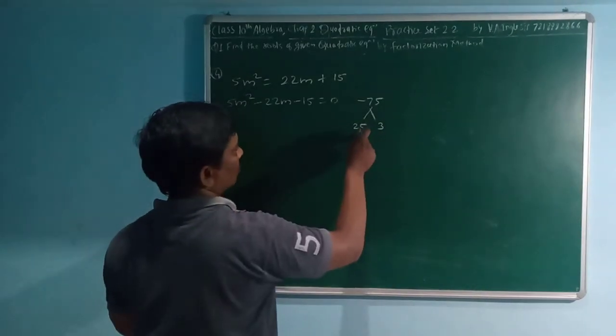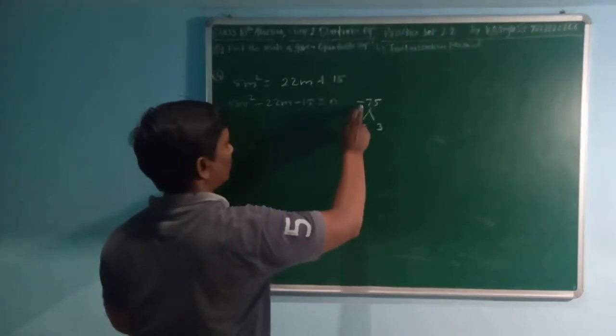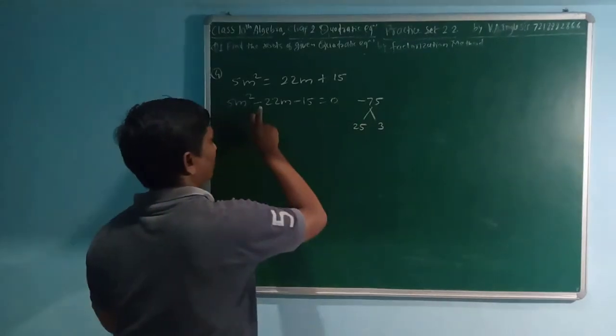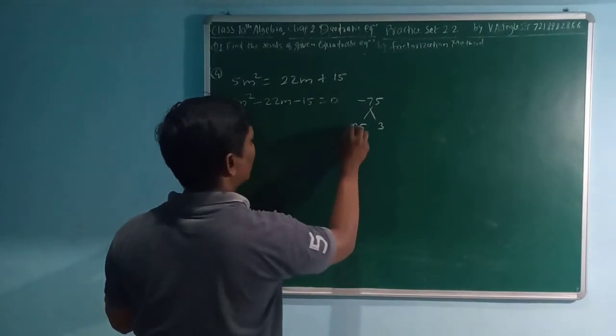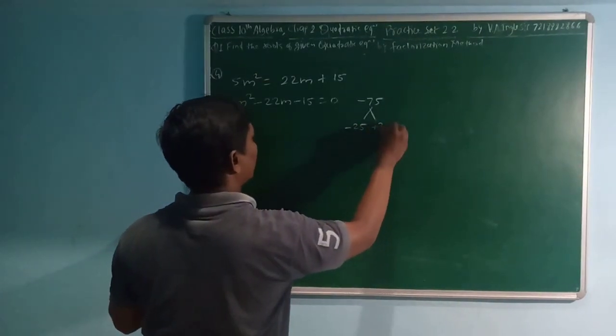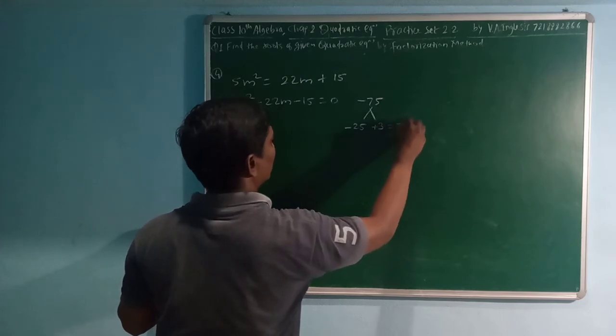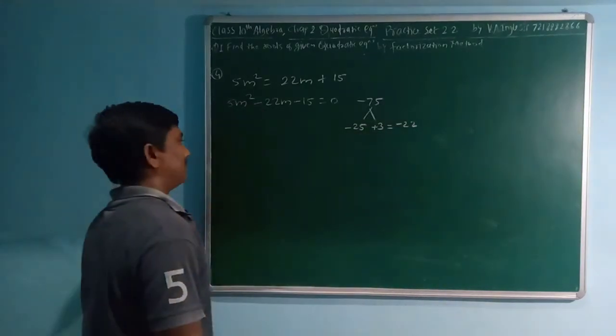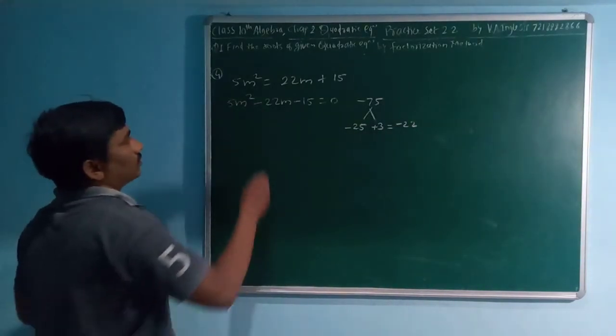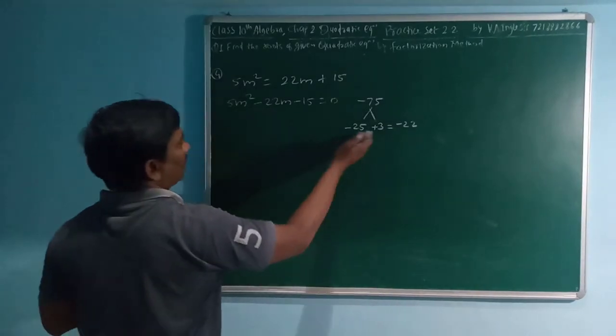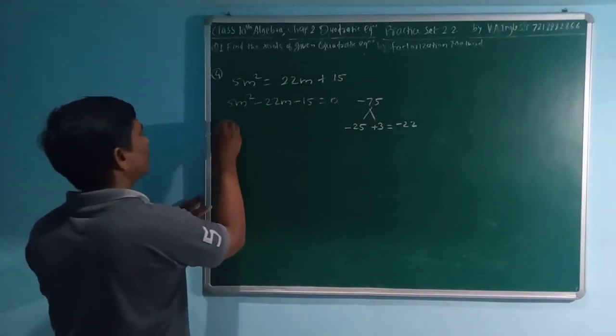So it will be 75. You have to go for the sign. You want minus 22, so we'll give minus 25 plus 3, so that we will get 22 with a minus sign. Okay, just replace minus 22 by minus 25 and plus 3.